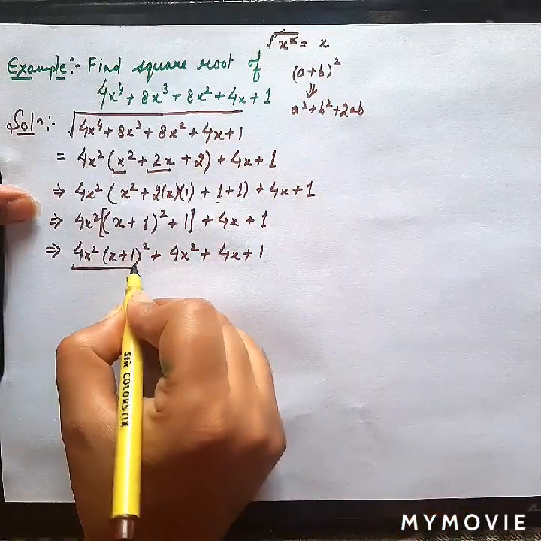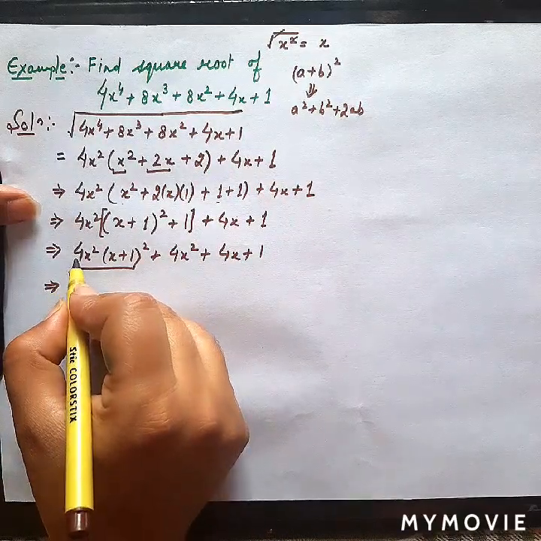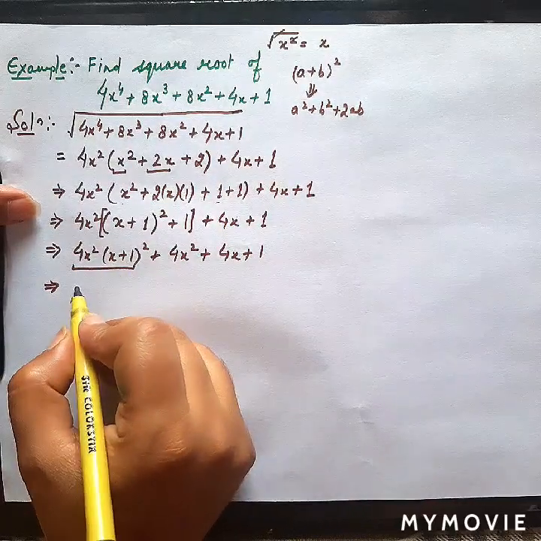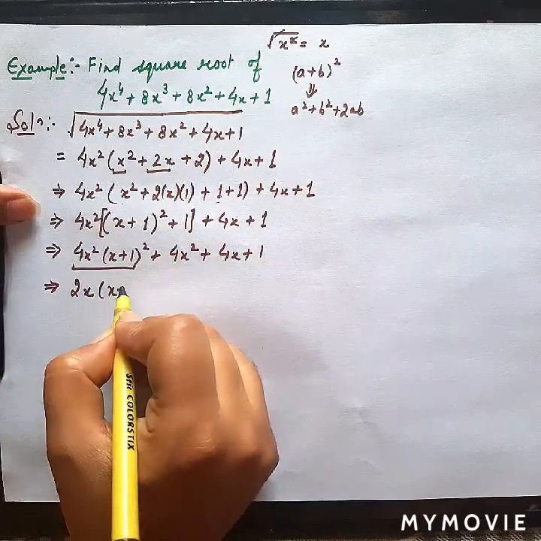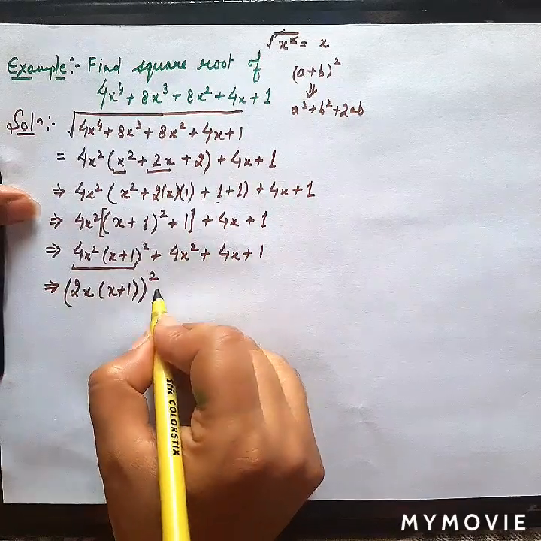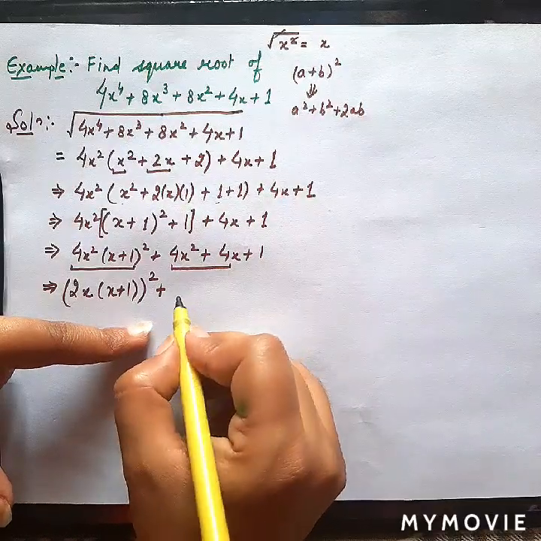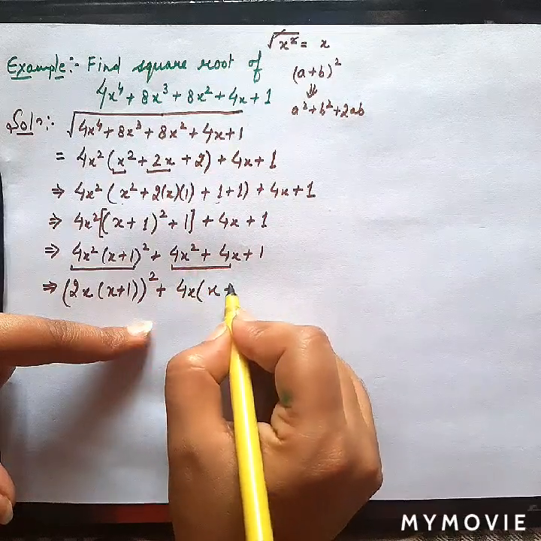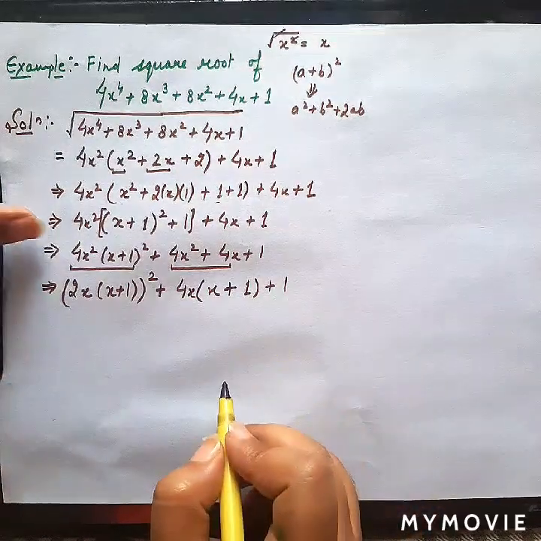Just write this in terms of squares. 4 can be written as 2^2, x is already squared, and this term is already squared. So this can be written as (2x(x + 1))^2. And here you can take 4x out as common, and x will be left, x + 1 + 1, right?